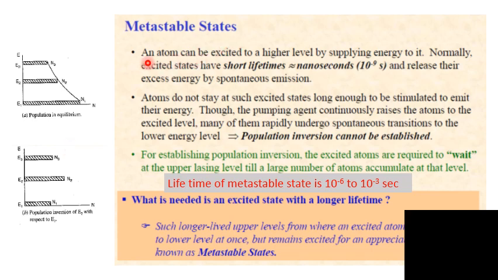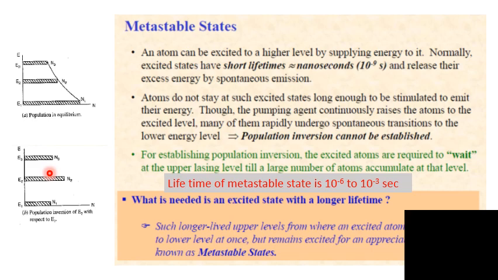Okay, what it says: an atom can be excited to a higher level by supplying energy to it. Normally, excited states have a shorter lifetime, 10 to the power minus 9, and release their excess energy by spontaneous emission. So this level has a shorter lifetime, and when they move from this level to this level, they will emit a photon in the form of spontaneous emission.